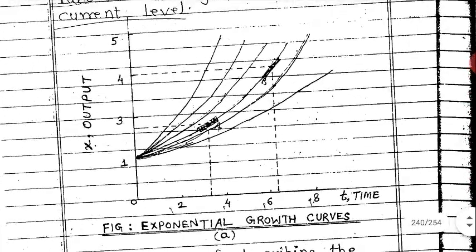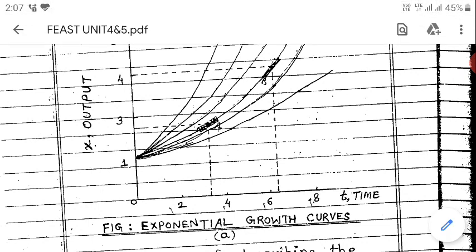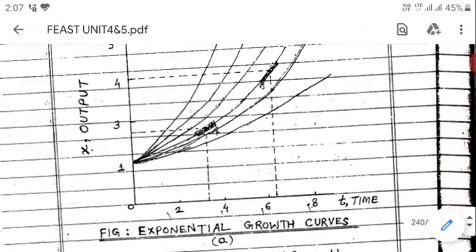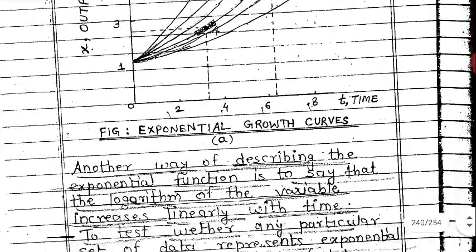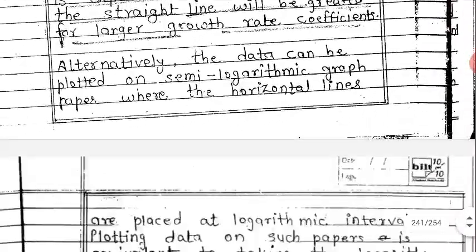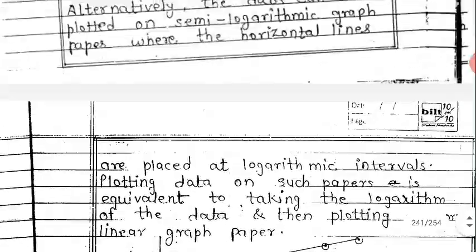If we take the slope at point 4 and in between 1 and 3, it will give some slopes, and accordingly we can say whether it is exponential or something else.